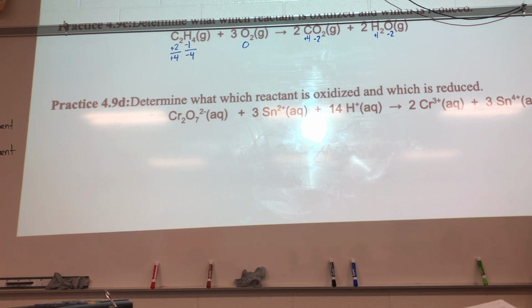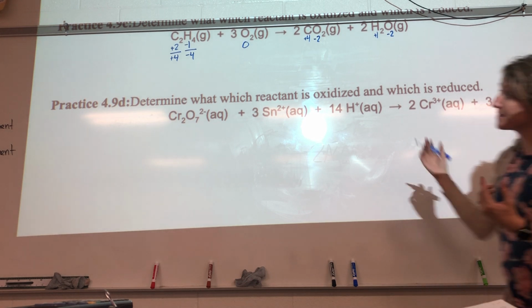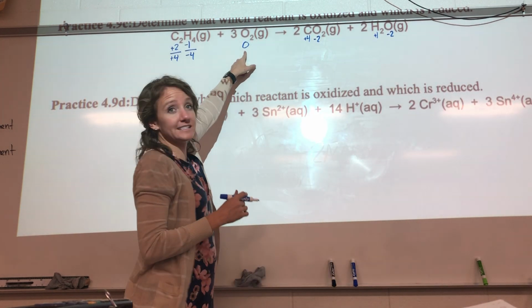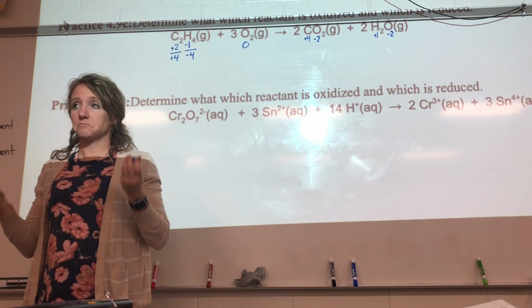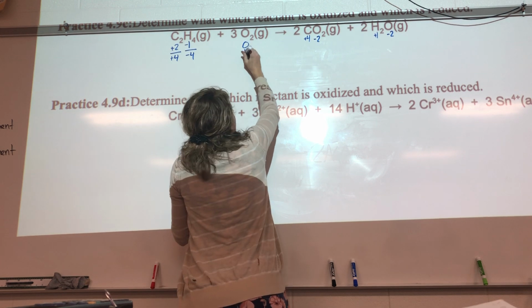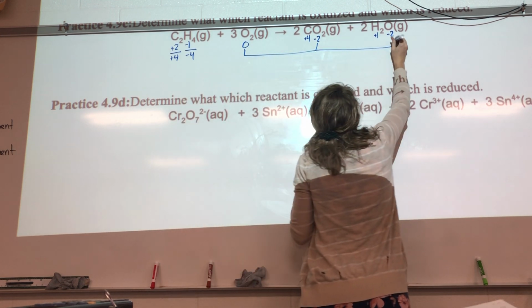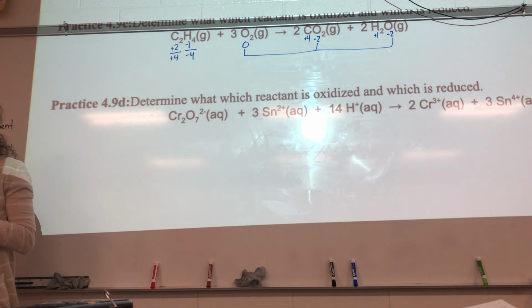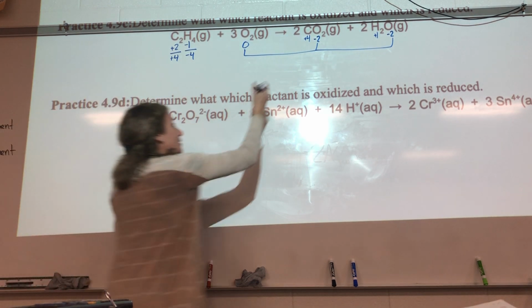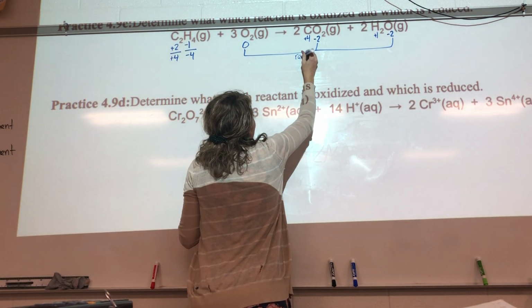Now, let's track numbers that change. Okay? So on this side, oxygen is 0. On this side, it's going to -2, right? So it's going -2 in 2 different spots. What does that mean about my oxygen if it's getting more negative? So good. So oxygen is being reduced.